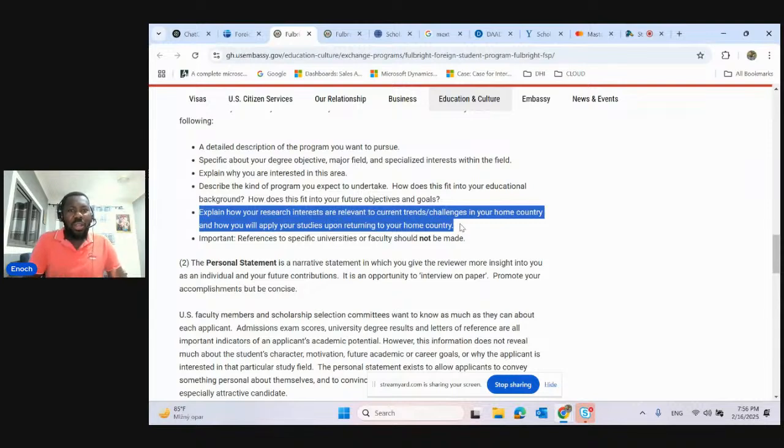So I know a lot of people have a certain research idea they want to pursue, and usually they don't open up so much to see what is currently the trend of research in a particular field. For example, if it is agriculture, pest management and stuff.